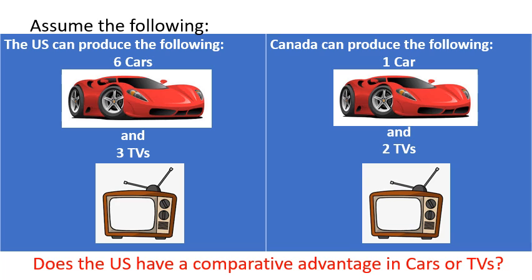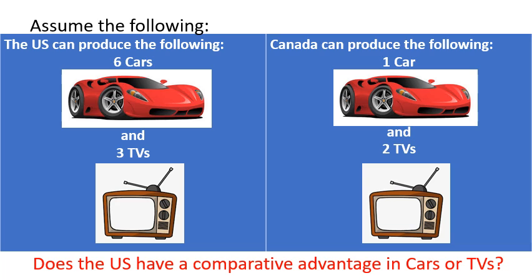In order to do that, we have to do a little bit of math. We have to do a little bit of comparison of ratios. Our question here is, does the US have a comparative advantage in cars or TVs? We know it has an absolute advantage in both, but where is its comparative advantage? Which is it more efficient at, making cars or making TVs, relative to what Canada can produce?